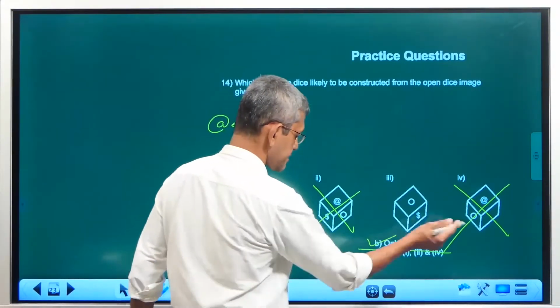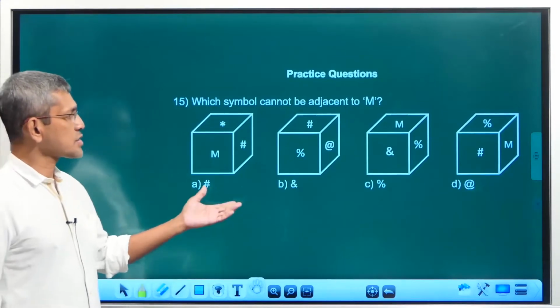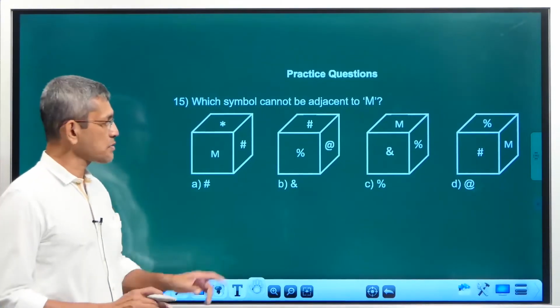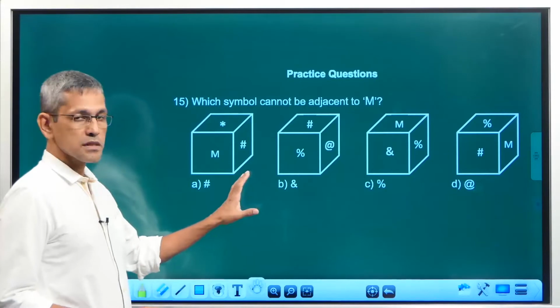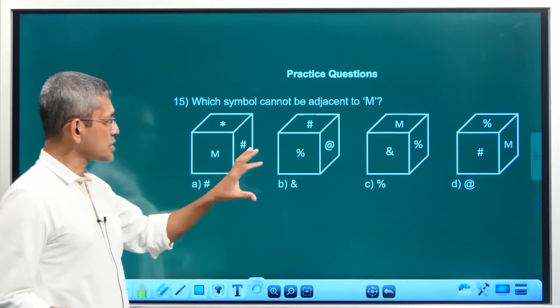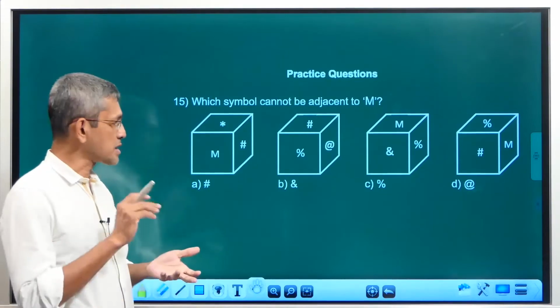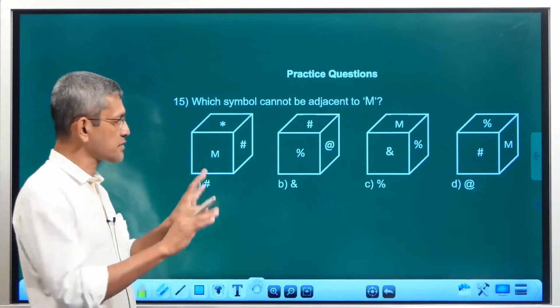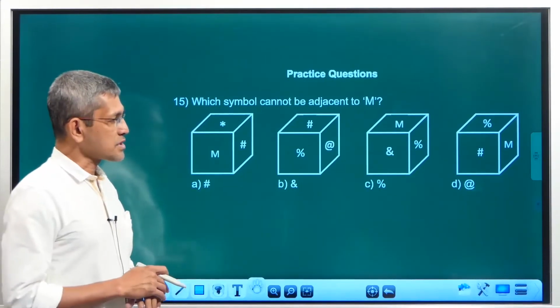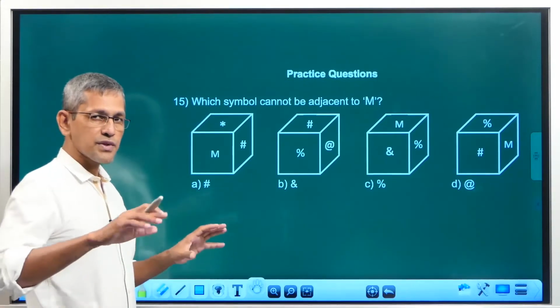So that's the answer. Next question: which symbol cannot be adjacent to M? There are 6 elements altogether. They could be numbers, letters, or symbols. Altogether we have 6 elements, because a dice has 6 faces.